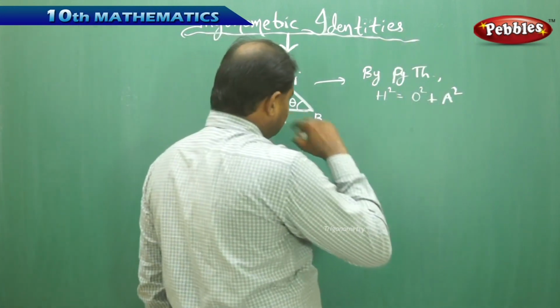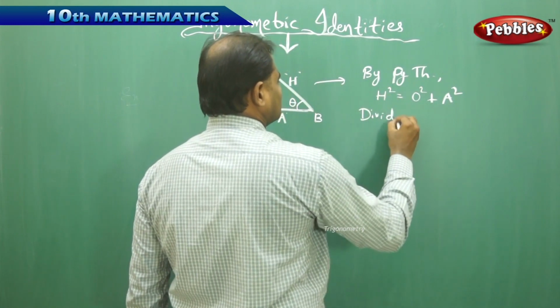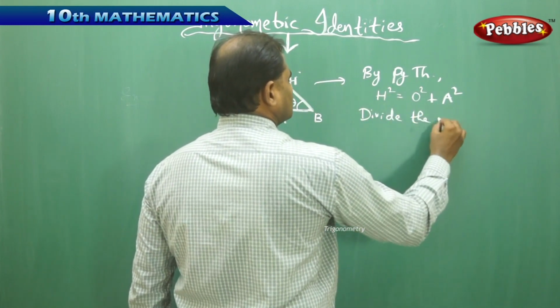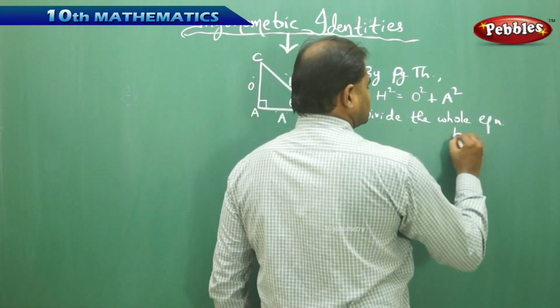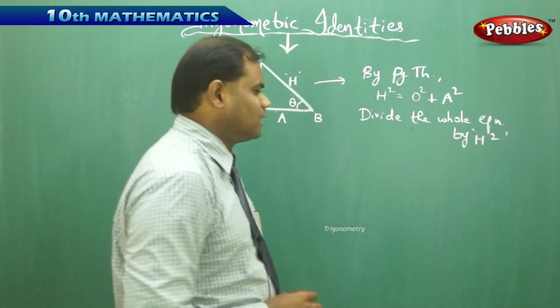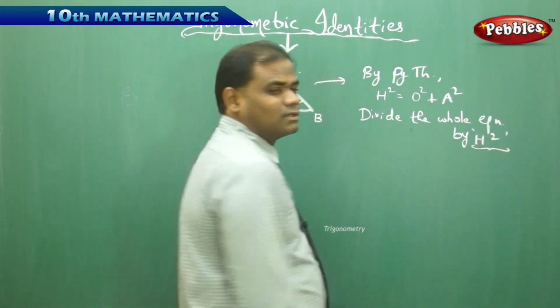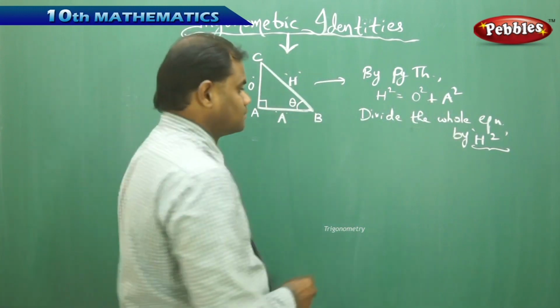So here, what I do is I divide the whole equation by h square. Let's see what happens if I divide the whole equation with h square on both sides, the left hand side and the right hand side.